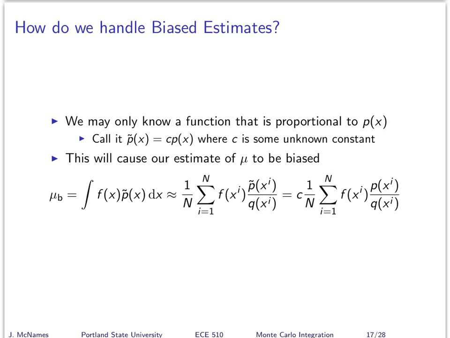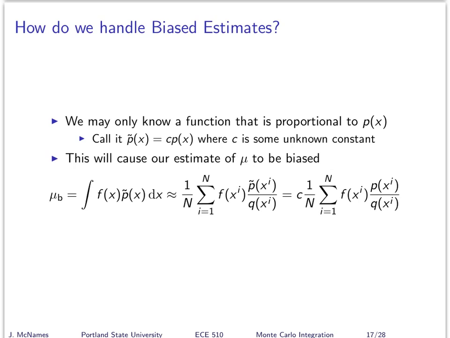So in the previous example where we had normal and uniform, I can give you the normal PDF, but it's scaled by some unknown constant. And I can't tell you what that constant is because I don't want to calculate it. Nobody wants to calculate it. So we've got two places where bias can creep in, and it all comes from the fact that there's an unknown constant that we need to deal with.